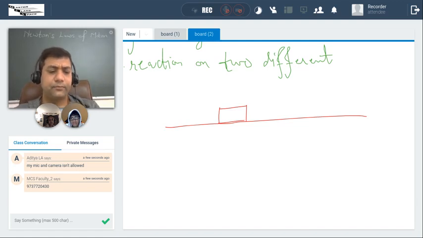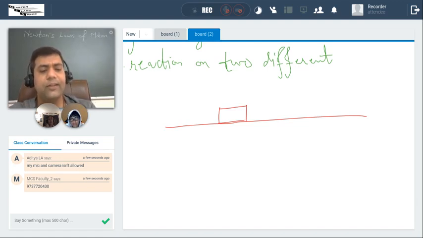Guys, that normal reaction concept basically comes from Newton's third law, which we have been using in the FBD just before. I was believing that you already knew Newton's third law, so I was using that FBD concept and all.